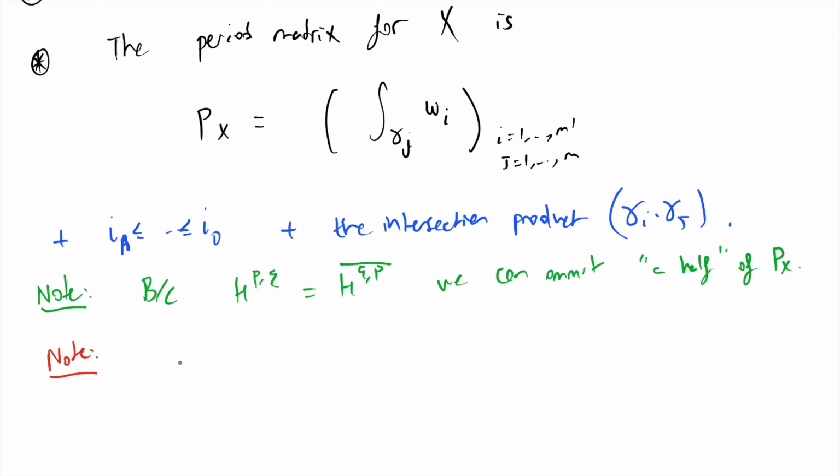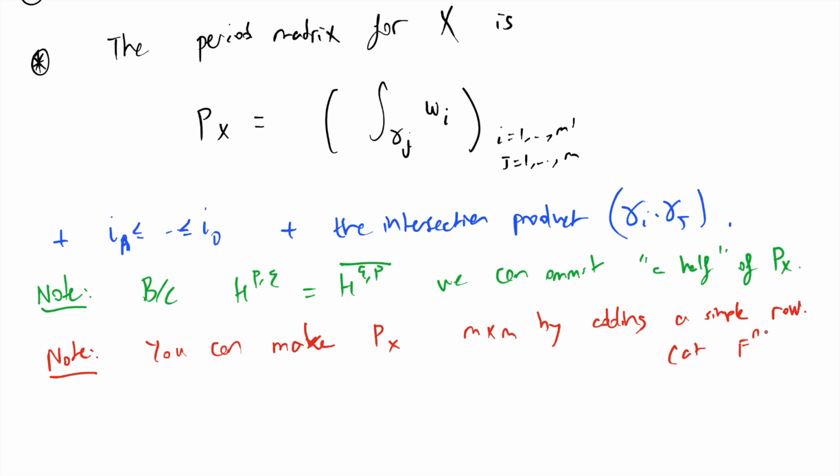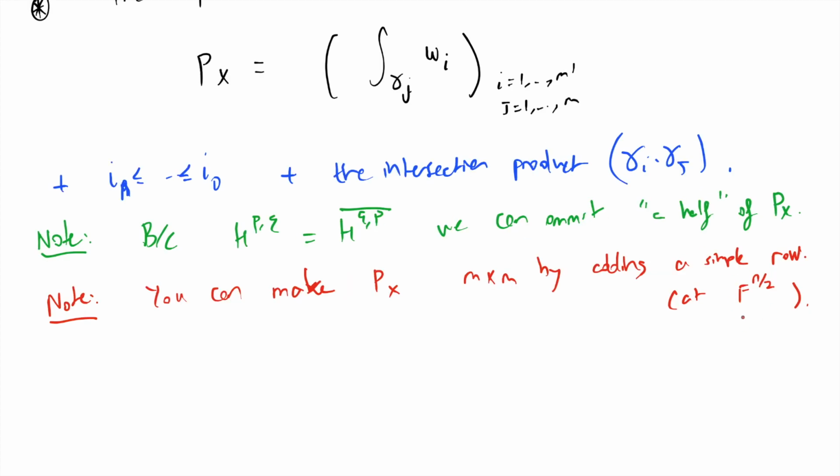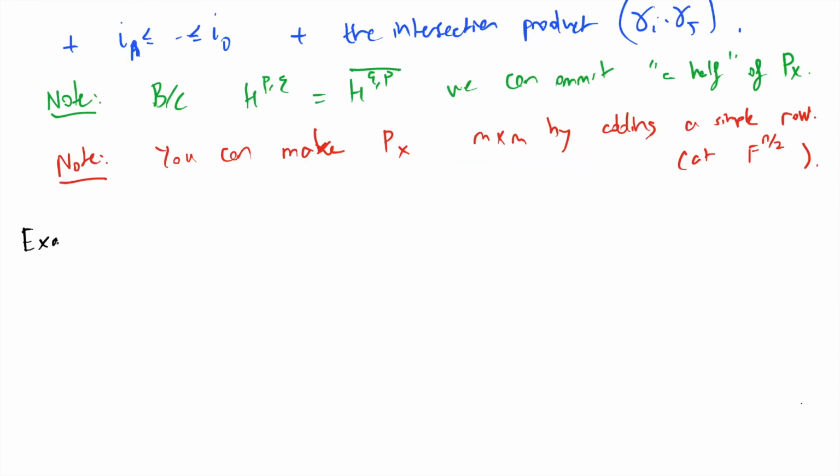And another note, it's possible to complete the period matrix, which I've given you for the primitive cohomology against homology, to the usual cohomology against the usual homology by adding one extra vector. The thing you're supposed to add is F^{n/2}. I will not get into this. Okay, so let's do a few examples to illustrate this one-half concept.